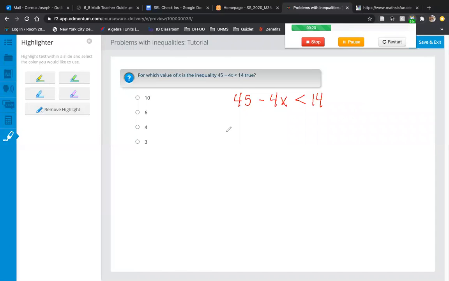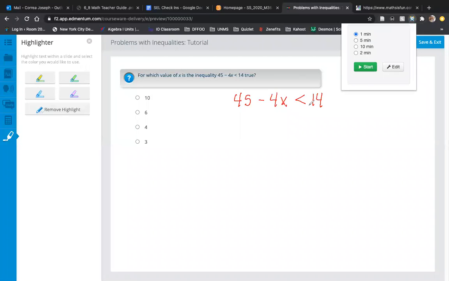And even if you forget which is which, let's say you can't tell whether that's a less than sign or a greater than sign, it doesn't matter. When you get to the end, you just ask, is this open mouth pointing towards the larger number? If it's pointing to the larger number, it's true. If not, it's false.